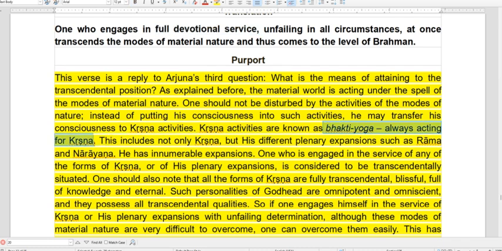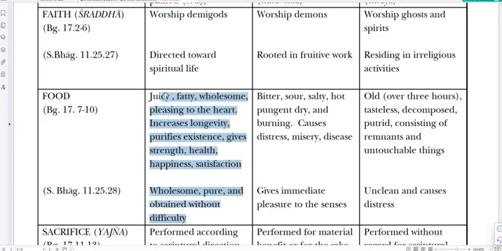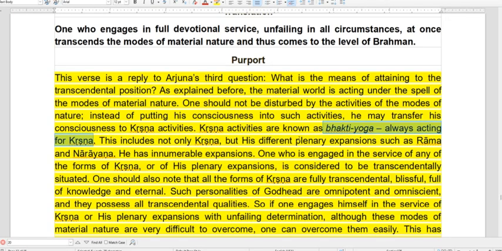So now we took one activity, food, eating, and we directed it for Krishna, right? Then we became transcendental. We took one activity, eating, and we transcended it above the three modes.